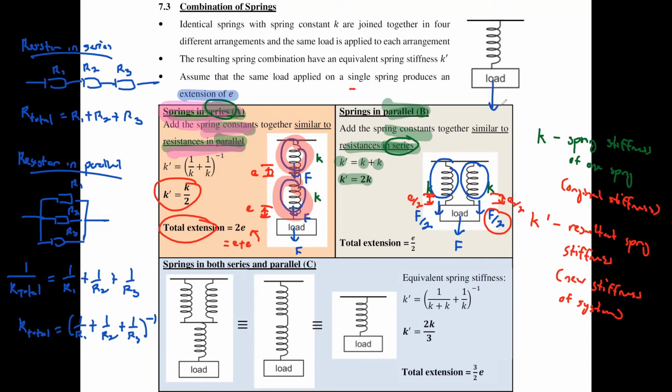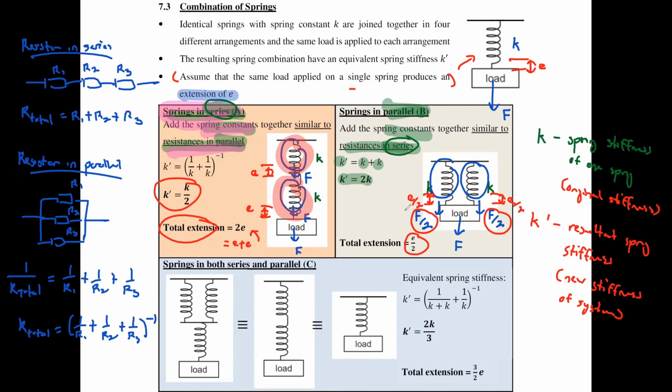Because you notice that if this one was spring constant K, if I apply a load F, my extension is going to be E, isn't it? That's what this statement actually mentioned. So now if I have half the force as before, I'm going to get half the extension as before. So right now my total extension is actually just E over 2.